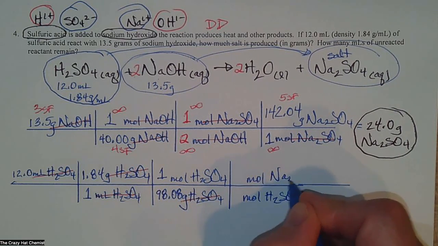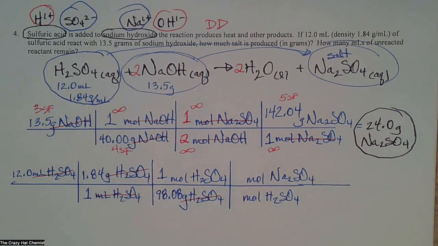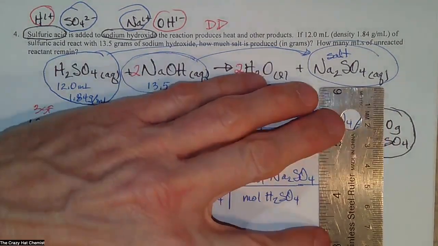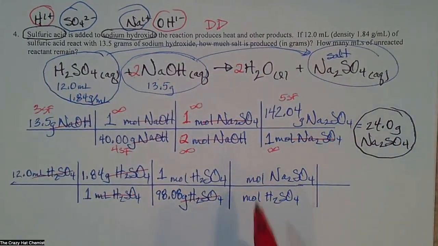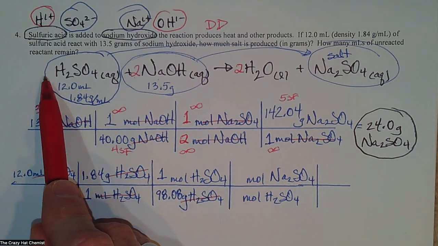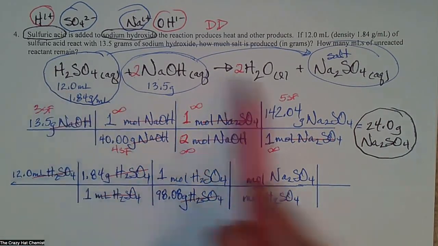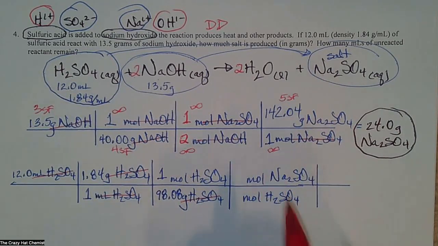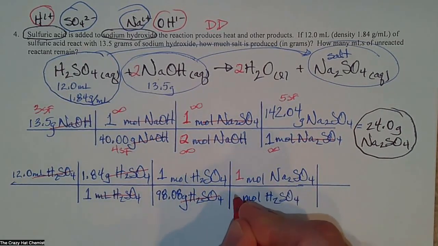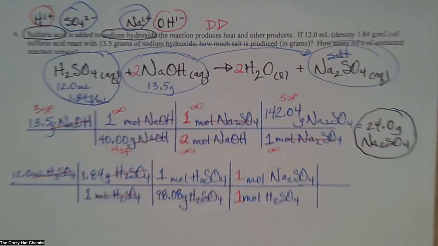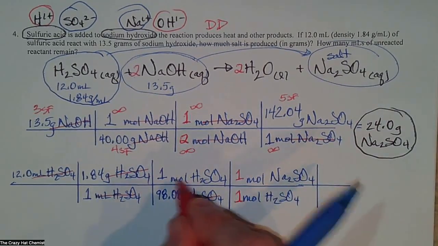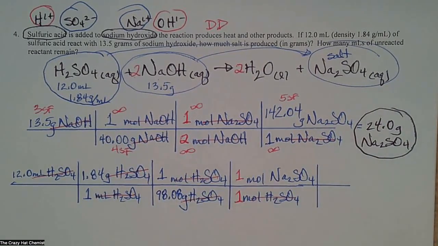That's Na2SO4. Okay. So where do these numbers come from? This mole ratio, they come from the balanced equation. For sulfuric acid, it's a 1. For sodium sulfate, it's a 1. So this is a 1, and this is a 1 right there like that. All right? This will enable me to cancel out moles of H2SO4.